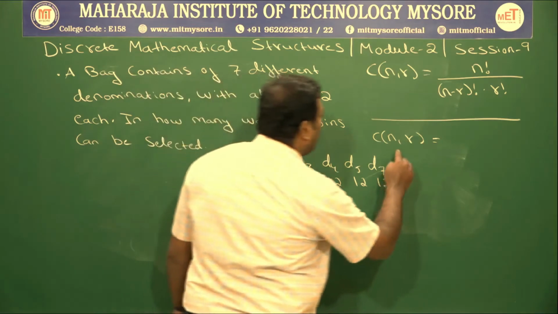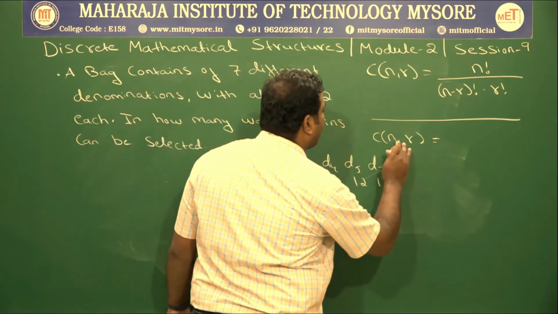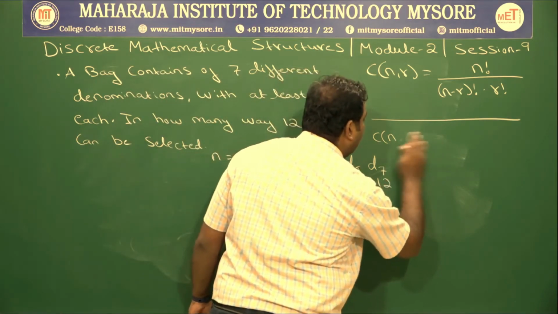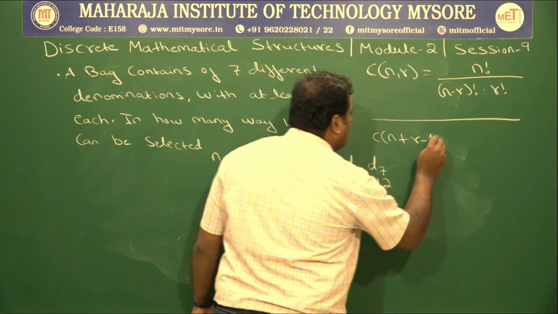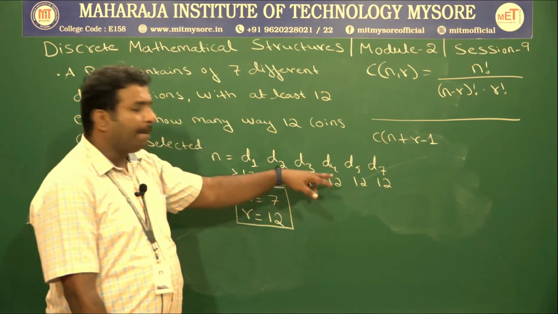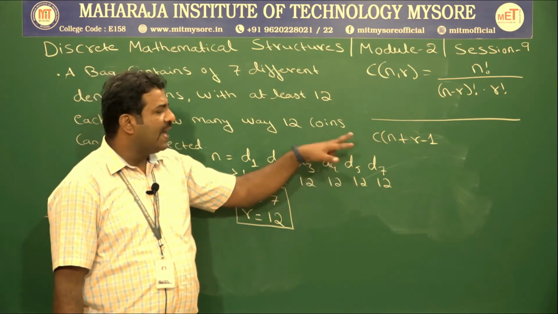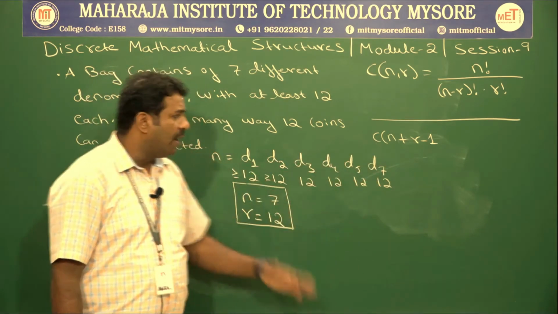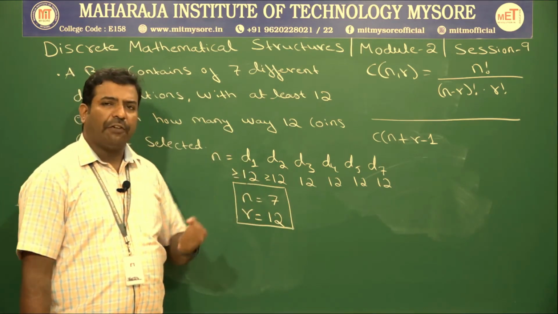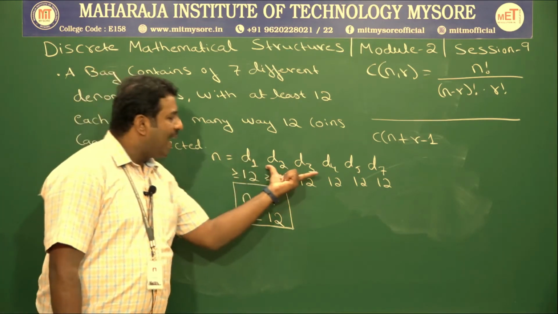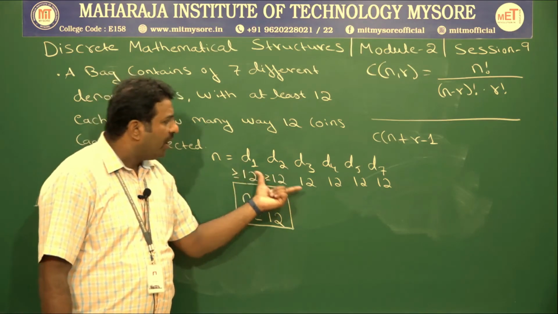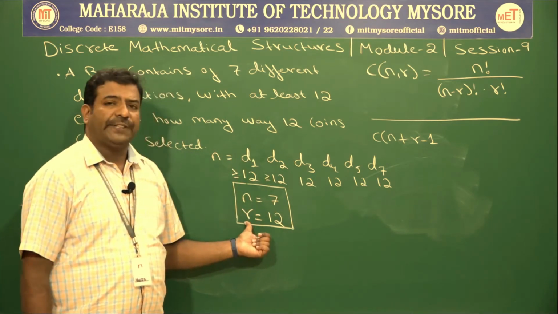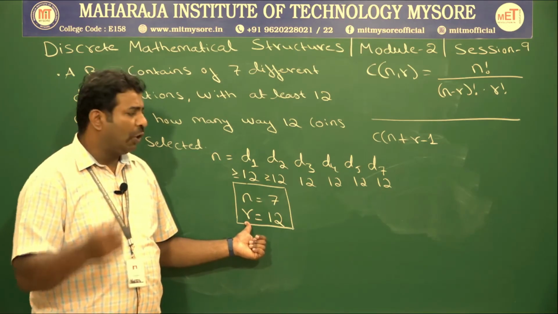That is where I am going to write this as n plus r minus 1. So instead of just n, I need to write n plus r minus 1, because after picking the first coin, I still have n denominations, which is constant, but the number of selections has been reduced by 1 after one coin selection.